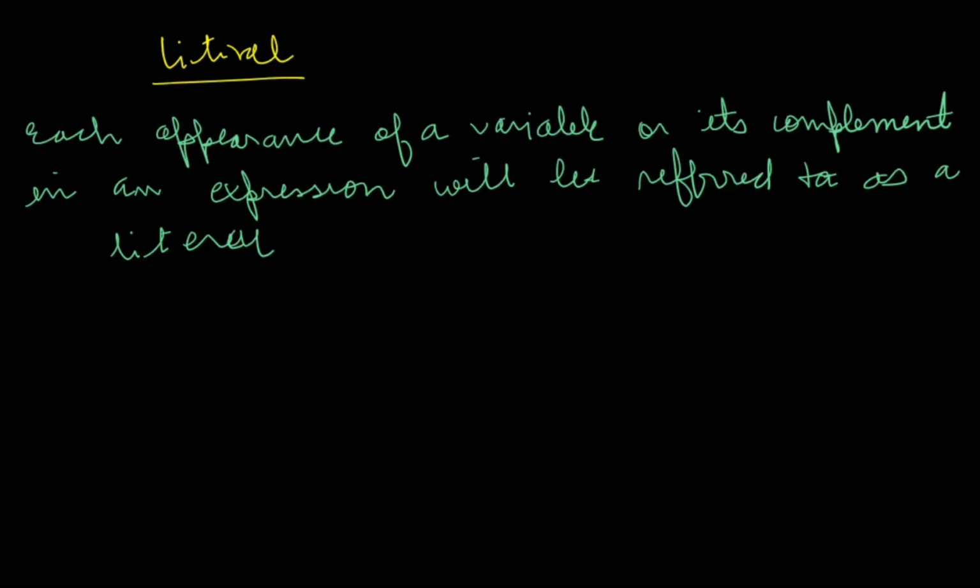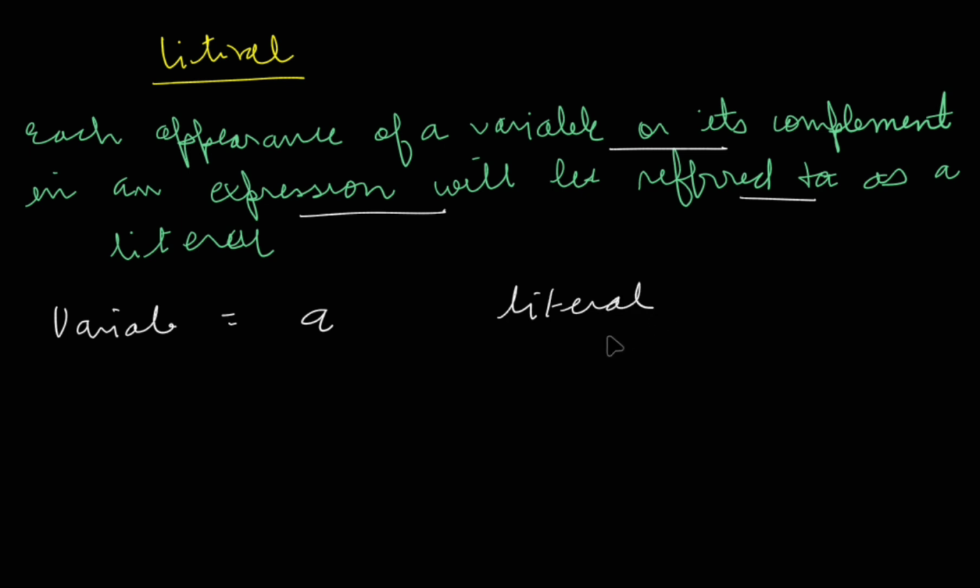Now we are going to understand what is a literal. So look at this statement. Each appearance of a variable or its complement in an expression will be referred to as its literal. Understand, if you have variable A, then the literals are A, A bar.